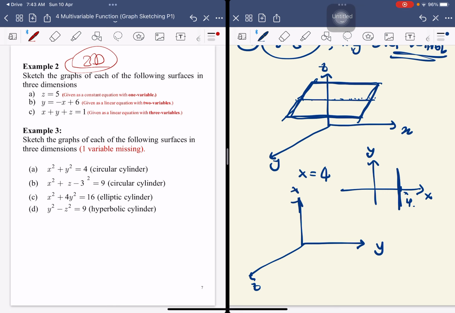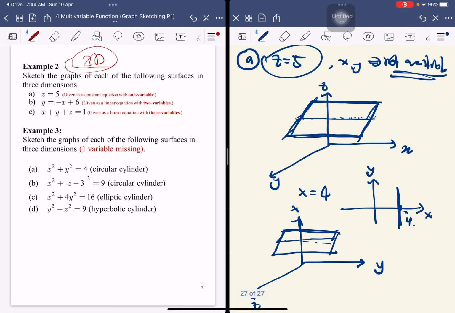The struggle to sketch a 3D graph does not only apply to students, it's struggling for me as well. So it's going to be somewhere here, so you have a plane like this. I do hope that you are able to imagine what I'm trying to say. The idea is you will not get a straight line, you will get a plane or surface.